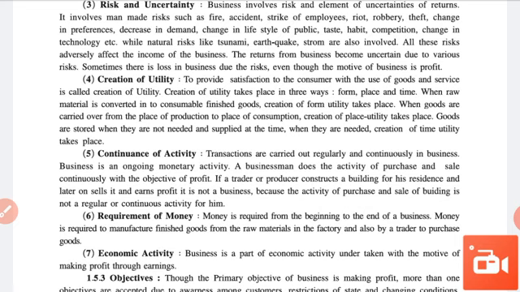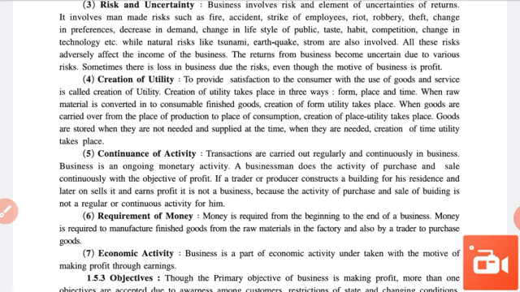Then when goods are carried from the place of production to the place of consumption, when place is changed, it is called place utility. And if goods are stored when they are not needed and supplied at the time when they are needed, then it is called creation of time utility.